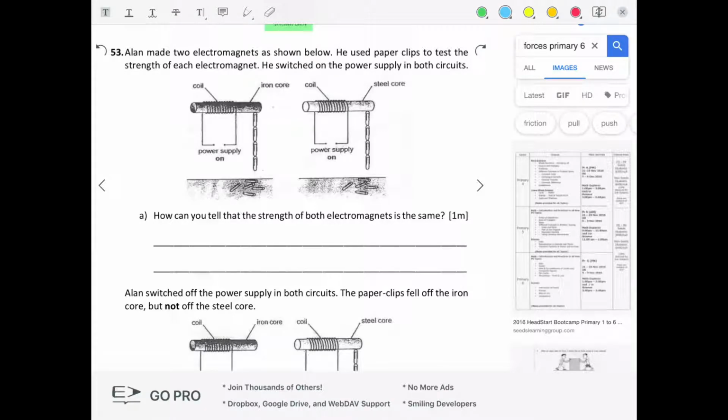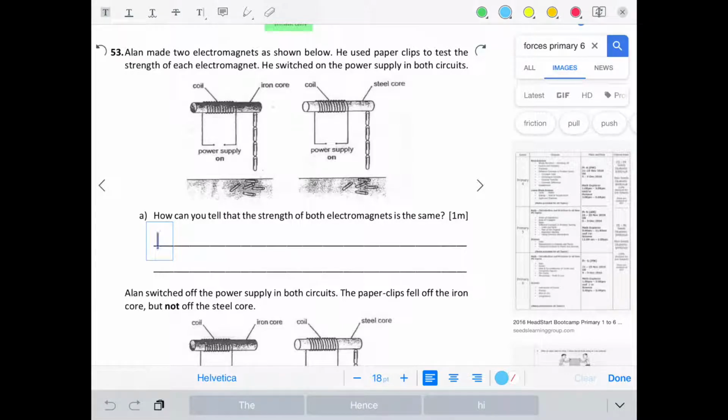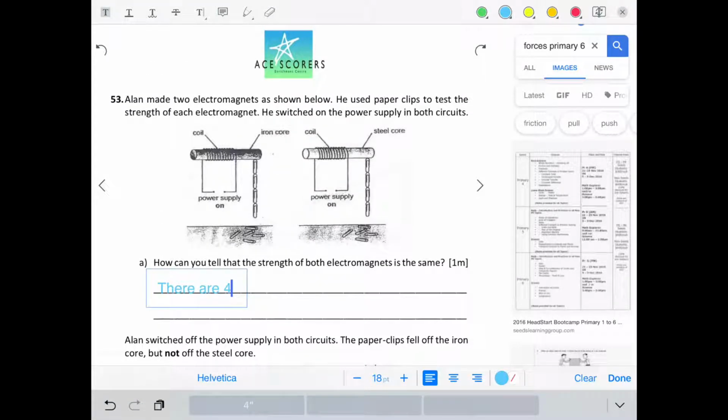Okay, so we have two electromagnets. How can you tell the strength of both is the same? What's the first thing we check? We check the number of paper clips, right? How many paper clips are there on the iron core and the steel core? 4, right? So there are 4.